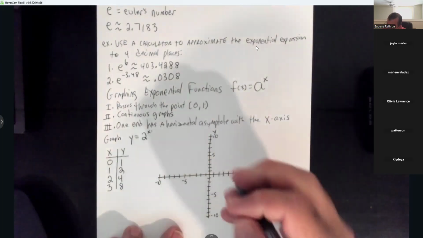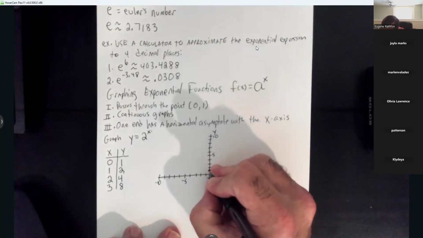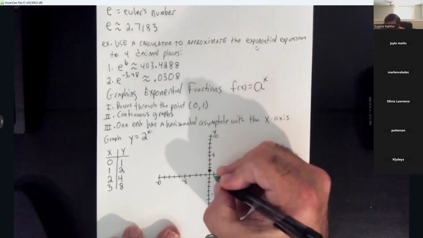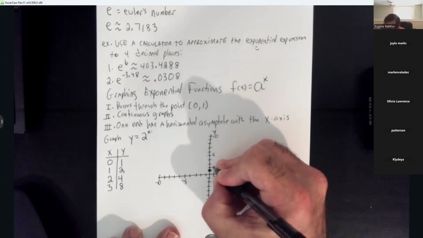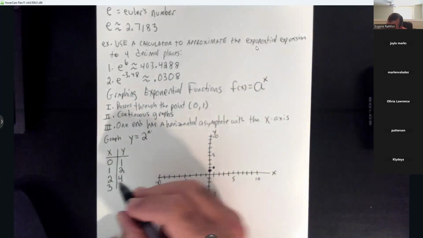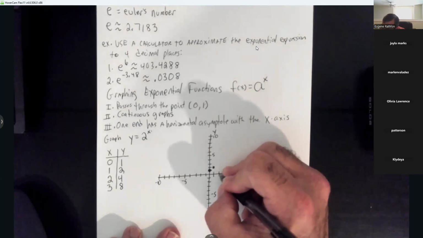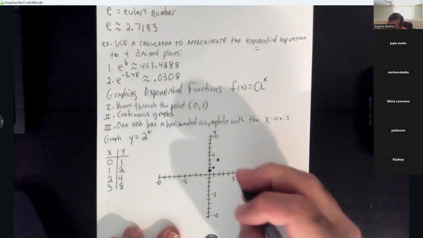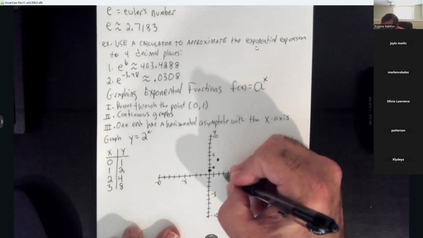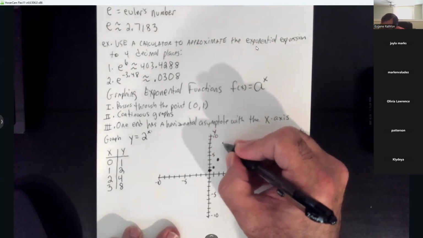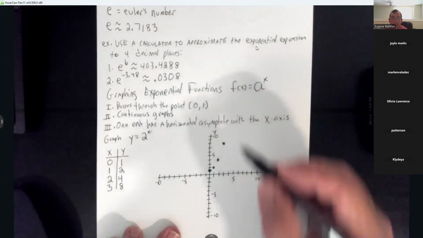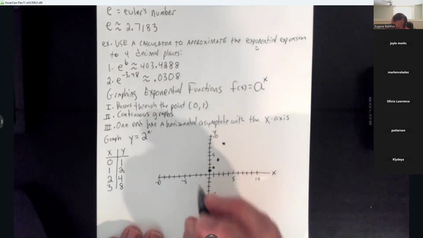Okay, so (0, 1) is crossing right here at the y-axis at 1. (1, 2) would be right 1, up 2. (2, 4) would be right 2, up 4. And then (3, 8) would be right 3, up 8. So these graphs sort of make a nice uphill curve.